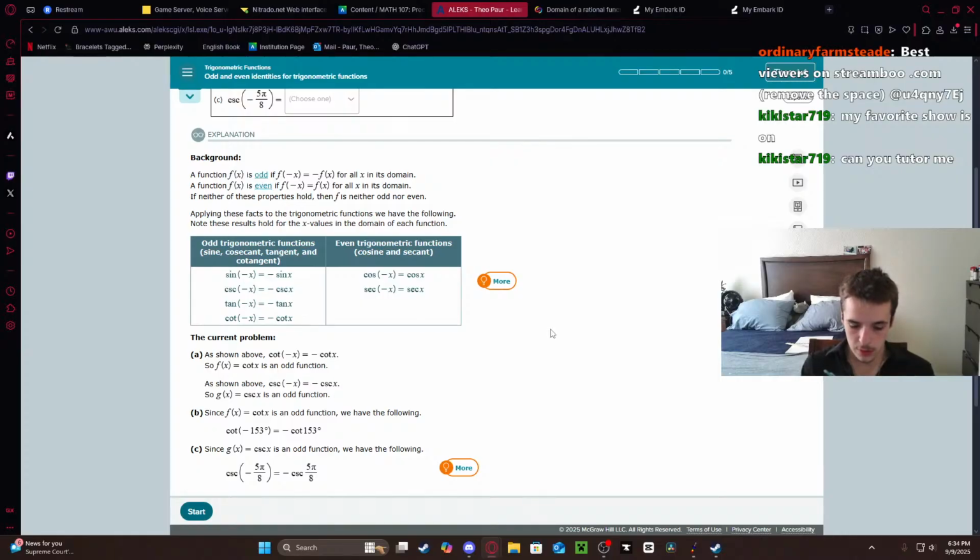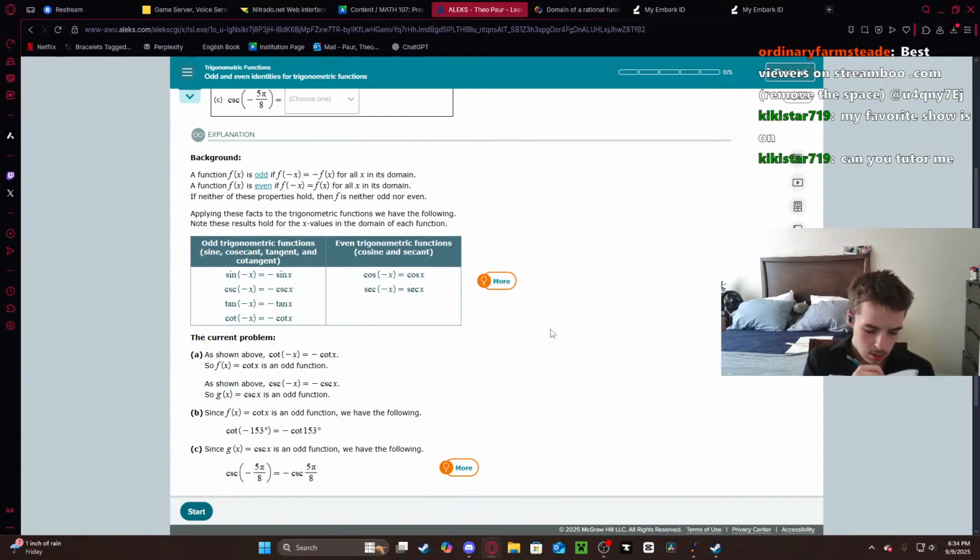Even trigonometric functions: cos of -x equals cos of x, sec of -x equals secant, not sex, Jesus, just wrote sex.